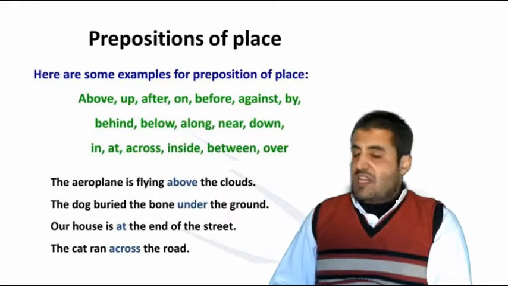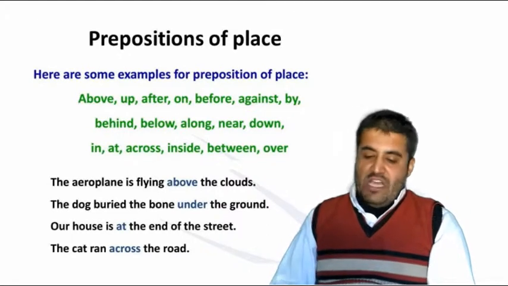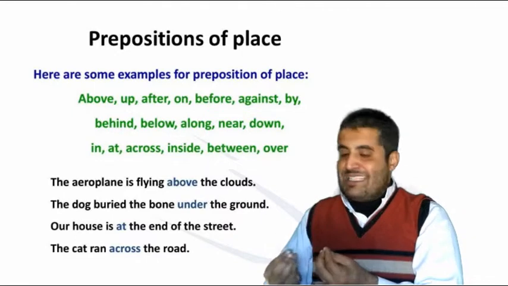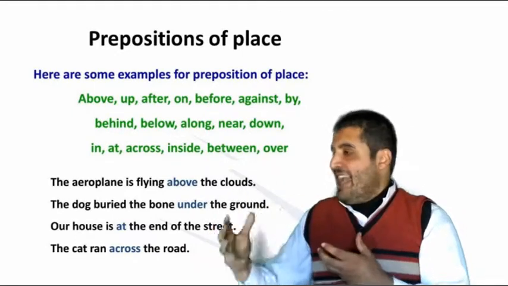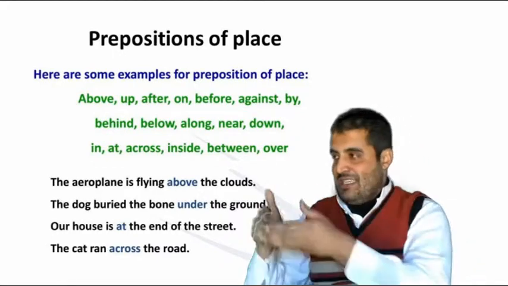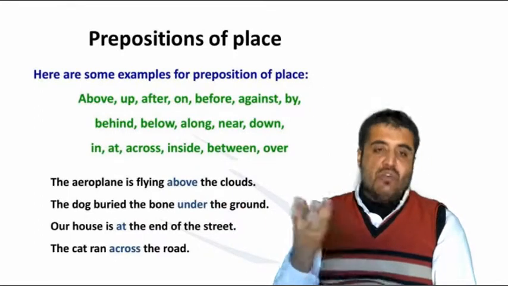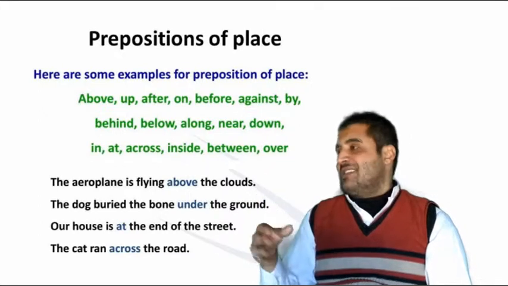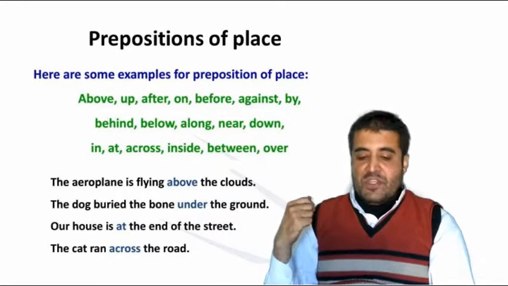Okay. The third example is: our house is at the end of the street. Now this at shows us where our house is located, at the end of the street. So this at shows the place of the house, where this house is situated, or where this house exists.